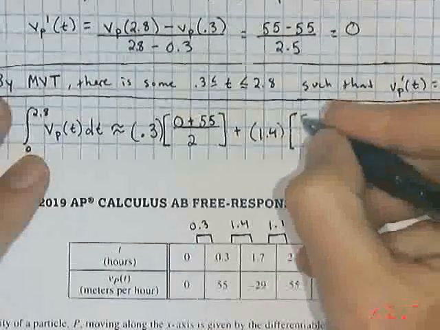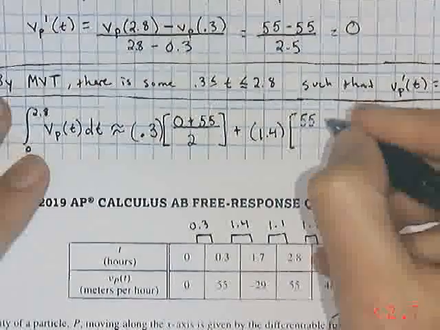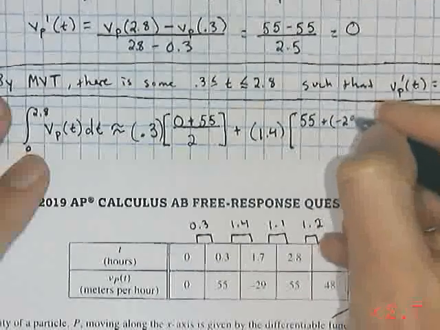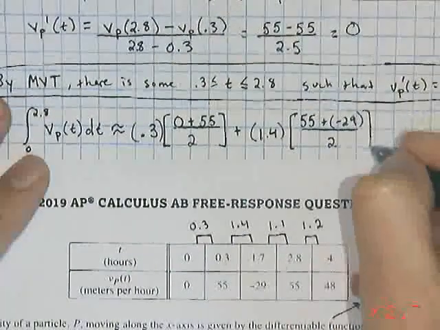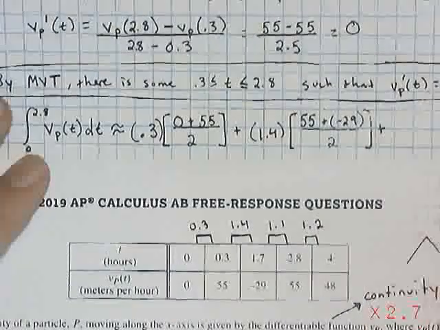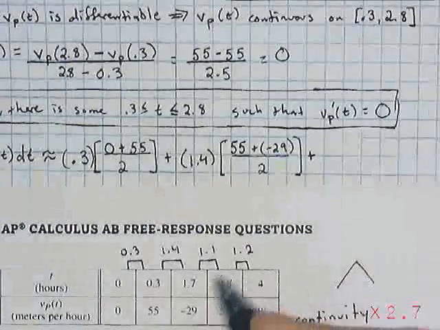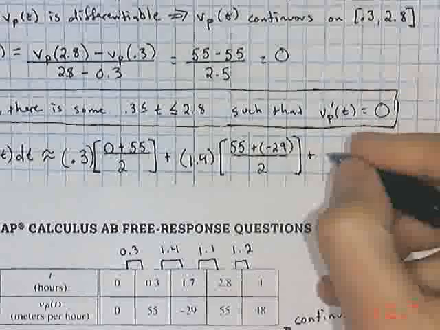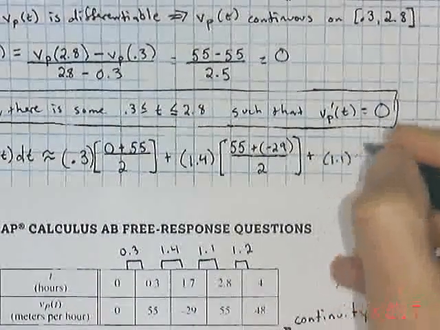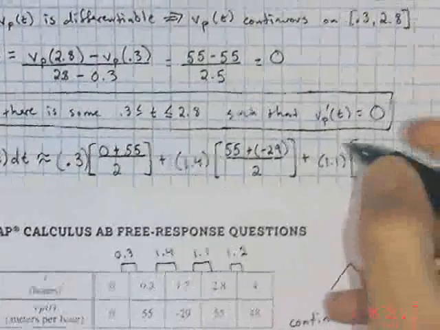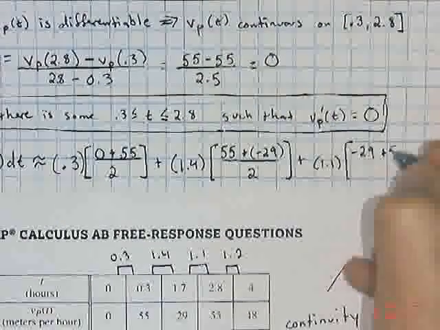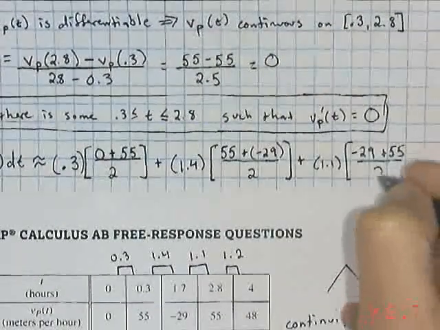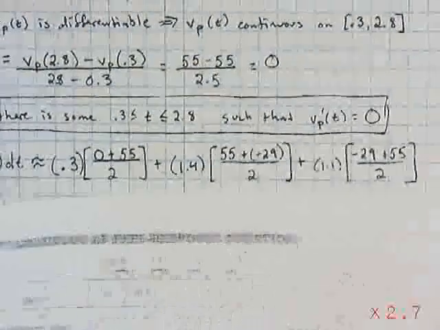Base 1 is 55. Base 2 is negative 29, divided by 2. And then our third trapezoid has a height of 1.1. And our bases are negative 29 and 55. All that divided by 2.